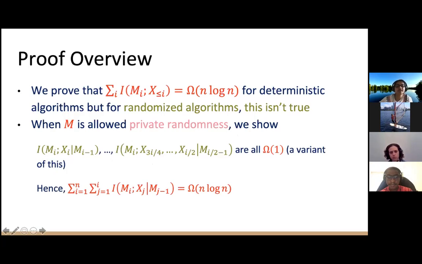Summing over the scales and over i, we are able to prove that the information cost with respect to the first definition is omega n log n, even for algorithms that use private randomness.